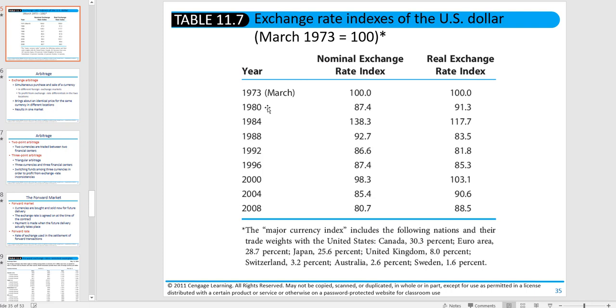There was a lot of turmoil that ensued. Then Paul Volcker takes the helm at the Fed and increases the federal funds rate tremendously, up to 17.5%. So you can imagine, now we have the federal funds rate hovering about 1% as of June 2017, and compare that with the 17.5% in the early 80s.